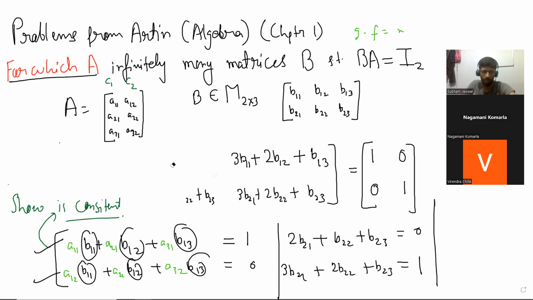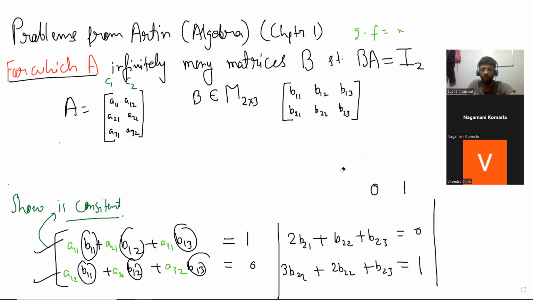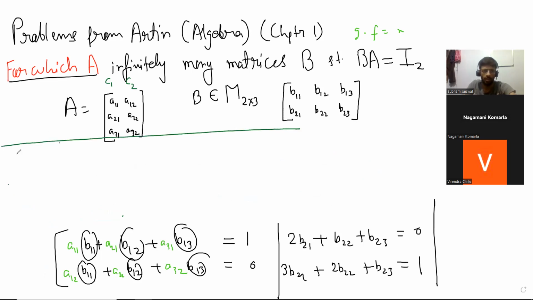But first I want you to view this A as a function between two spaces. What should those two spaces be?